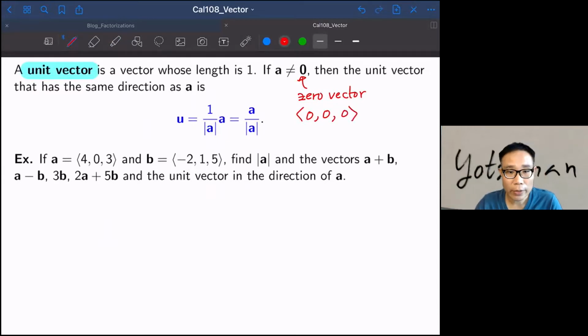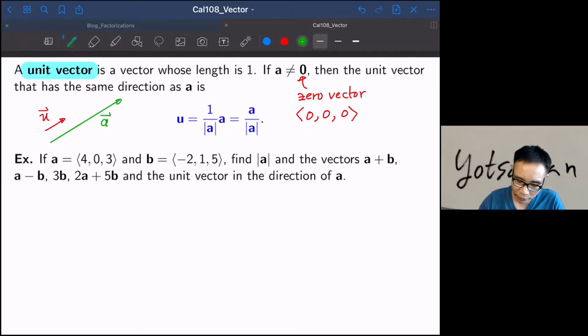So the unit vector in the same direction as A: you have the vector A, and you have the unit vector U in the same direction. It turns out to be A over the norm of A. When you have A over the norm of A, it's going to normalize.